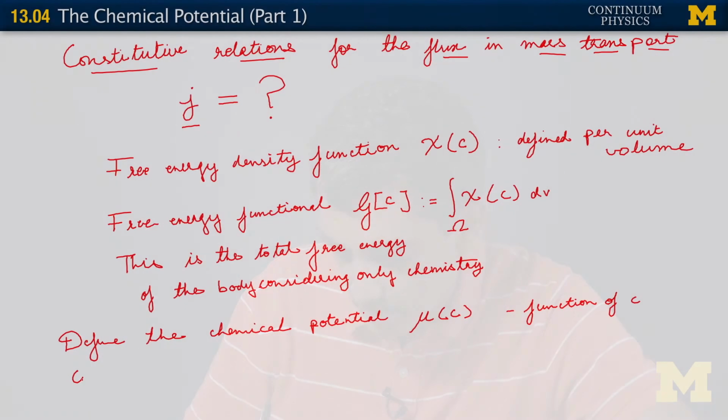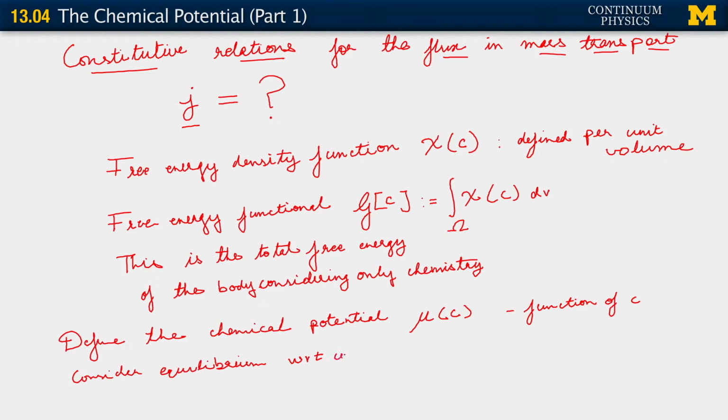The chemical potential is considered in classical thermodynamic treatments as a quantity at equilibrium. So we define the chemical potential by considering an equilibrium state. Since we're dealing only with chemistry here, we're essentially considering equilibrium with respect to concentration.